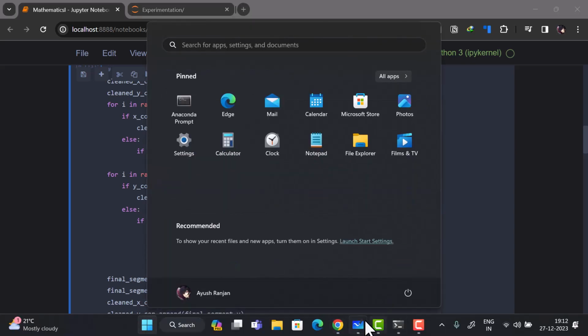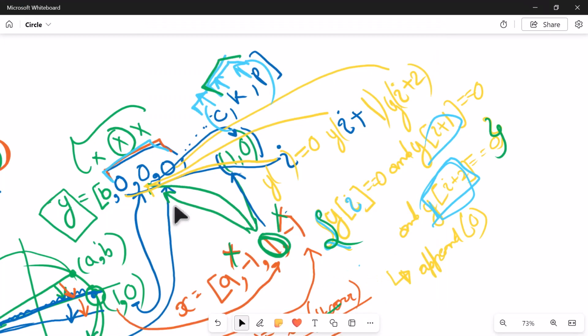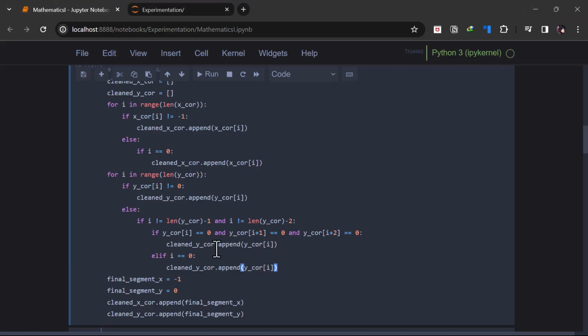If we come to this position, then only two zeros will be in a group, and for that we don't have to do anything. Both of the zeros will be discarded. We don't need those zeros. We only need a 0 to pair it up with the 1 that we have in our x coordinate list, right? So that is what we will not discard. So this is what we are appending as well in this case.